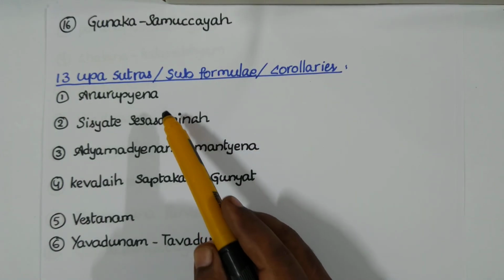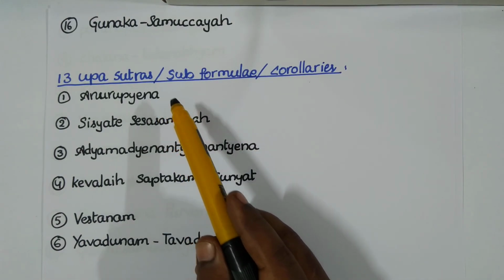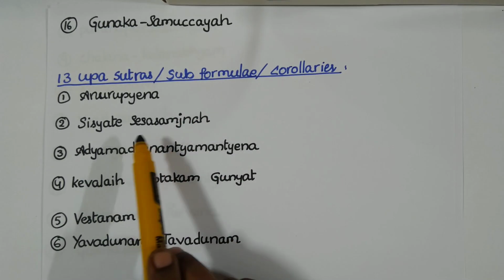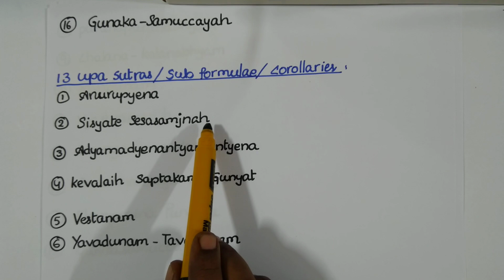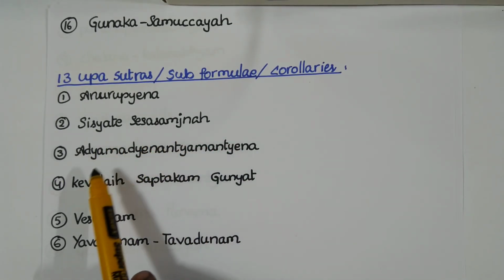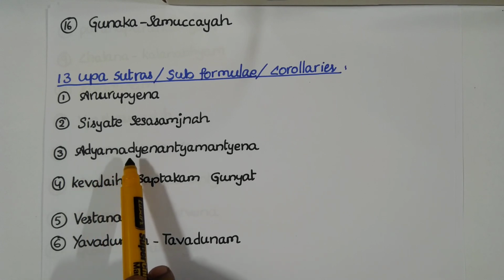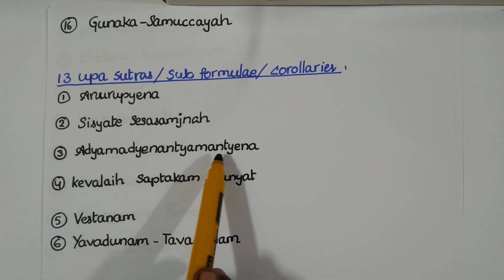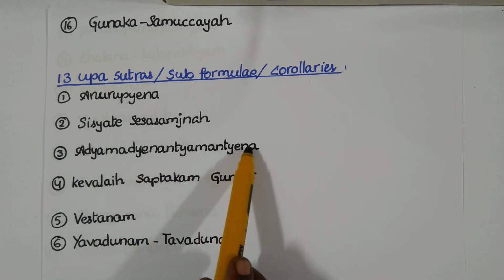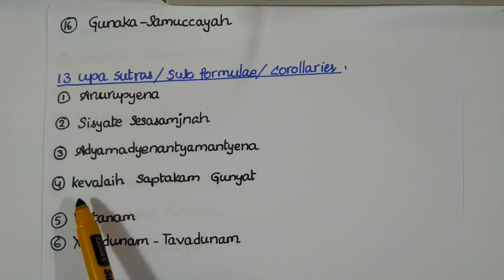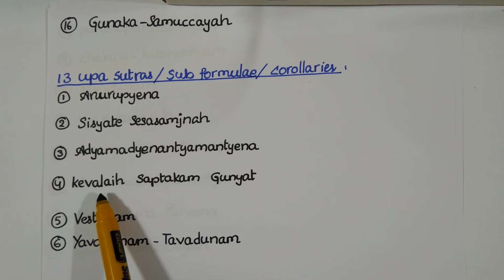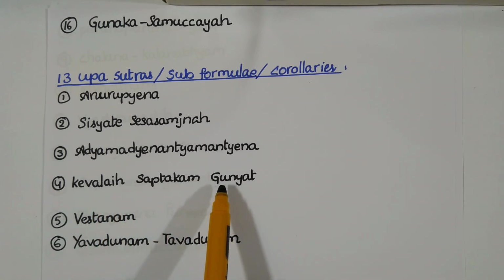The first one is Anurupyena. And second one is Sishyate Sesha Samjanaha. And third one is Adhyamadhye Nantyamanthyena. And fourth one is Kevalyaihi Saptakam Gunyat.